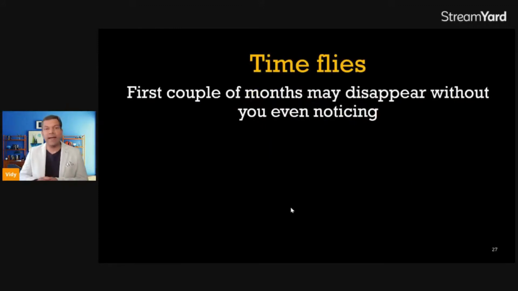And remember that time flies very quickly. The first couple of months may disappear very quickly, even without you noticing that. So having a proper plan and knowing what you want to do each month, I think keeping those targets will help you to navigate this PhD journey effectively.